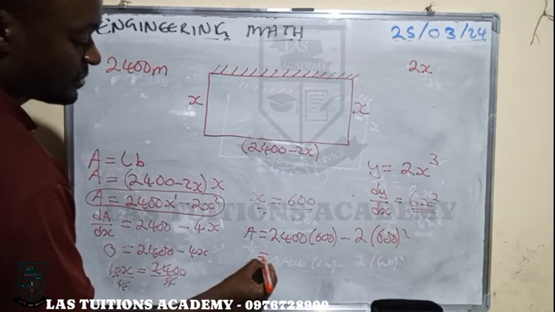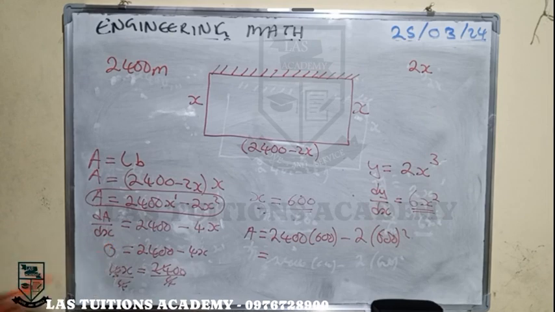So 2400 times 600, what do we get? Anyone take a calculator? What do we get?